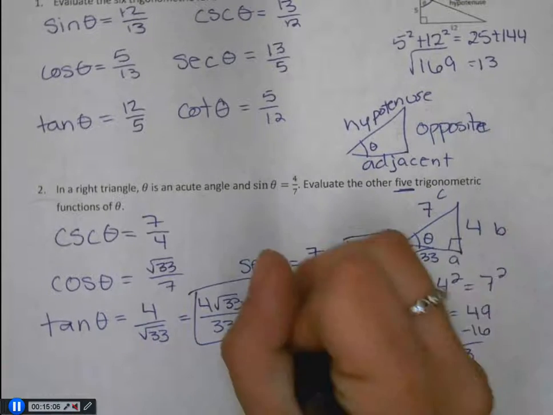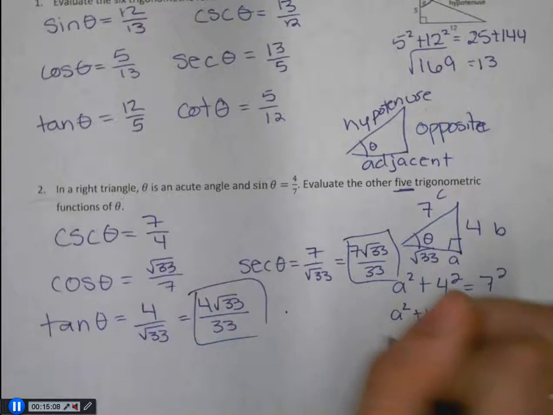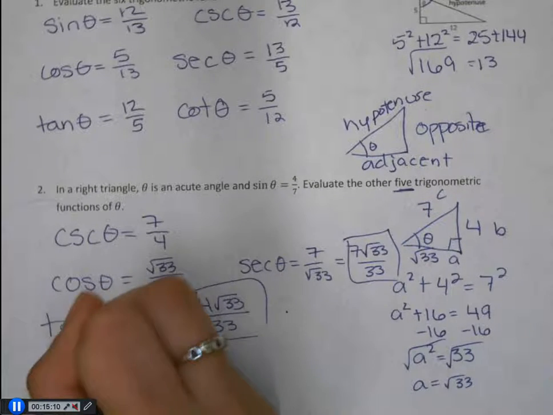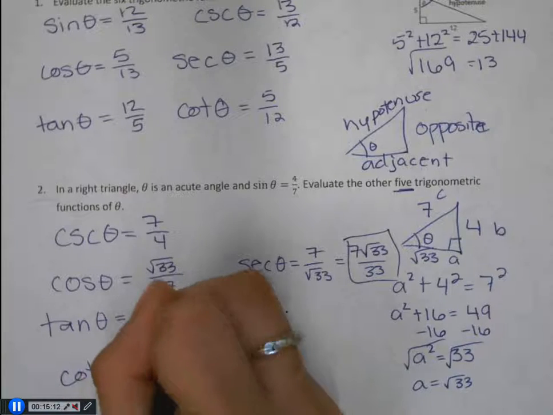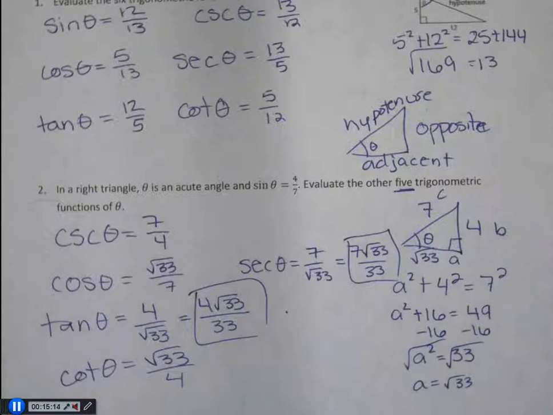Okay. Then cotangent, I'm just square root of 33 over 4. Questions here? That's it for this problem.